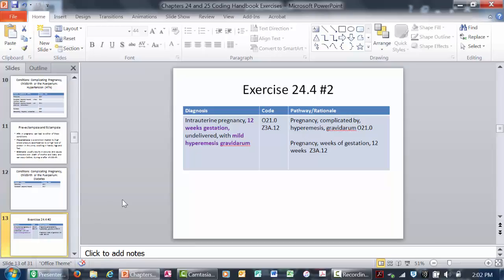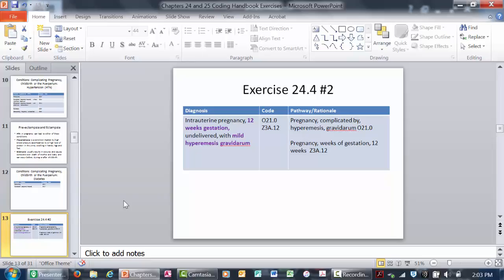Okay, let's do a few exercises. This is taken from the Coding Handbook, exercise 24.4, number 2: intrauterine pregnancy, 12-week gestation, undelivered with mild hyperemesis gravidarum. I encourage you, for any of these terms that you don't know, to use a Google search engine or whatever search engine you want and look them up.